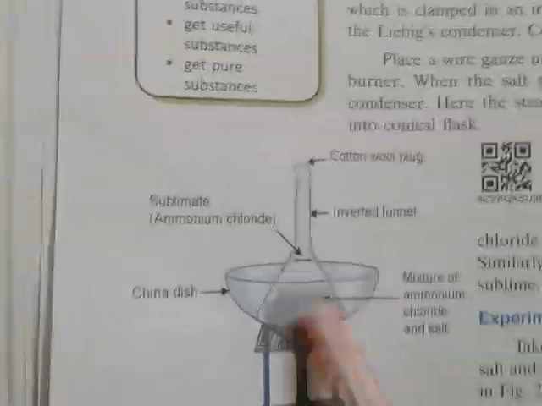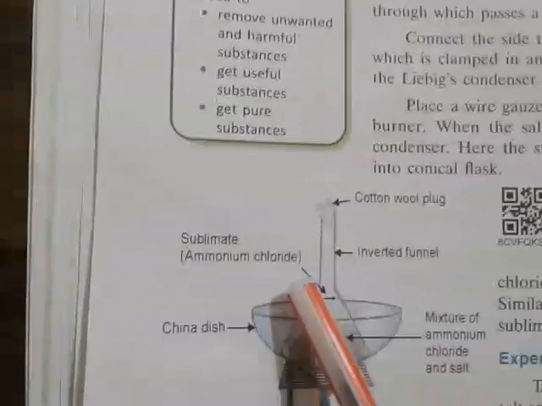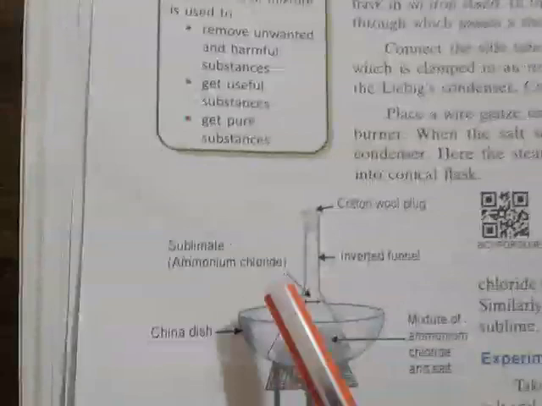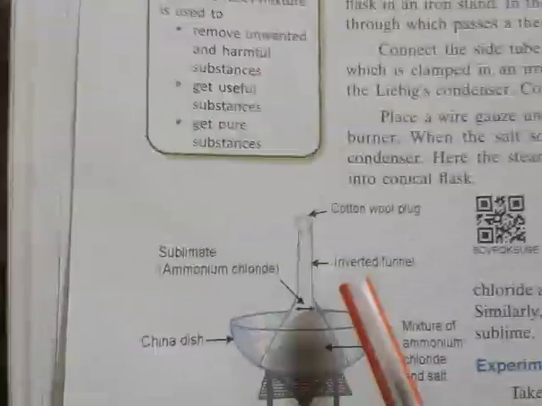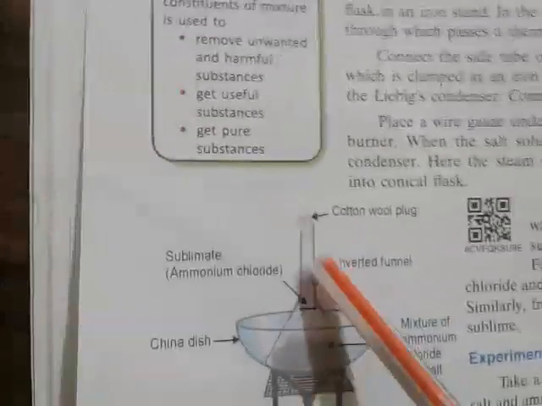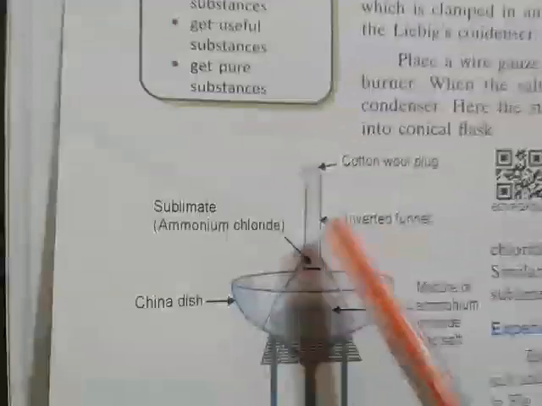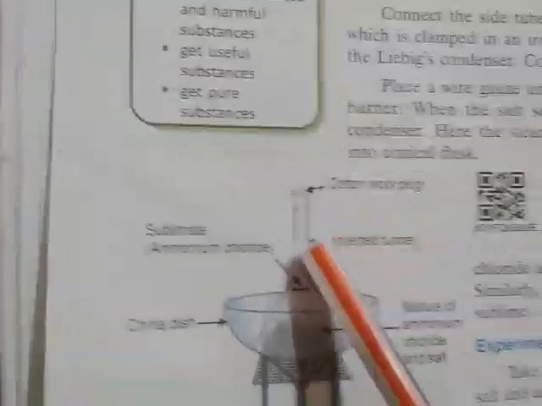So the mechanism is, when you supply some heat to the ammonium chloride and sodium chloride, the ammonium chloride acts as a sublimative compound, so it will evaporate. The ammonium chloride will turn into a gaseous state, and the gas will stay in this funnel.